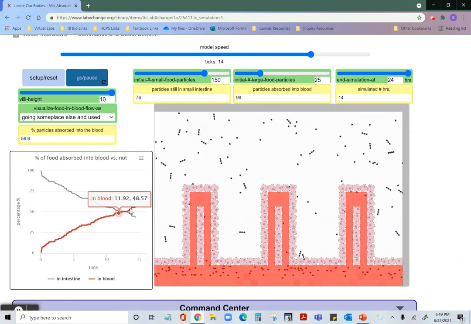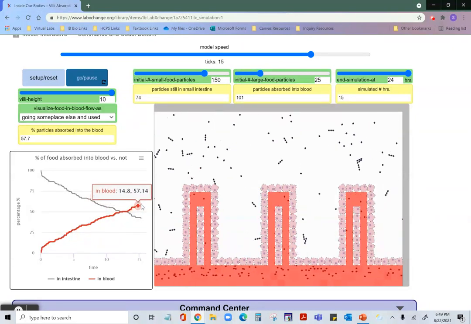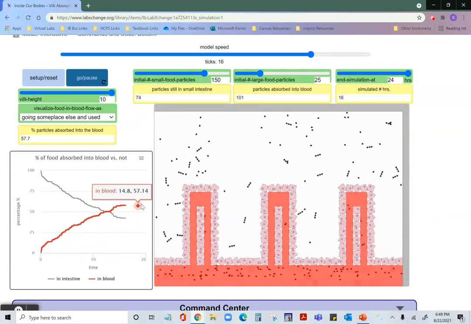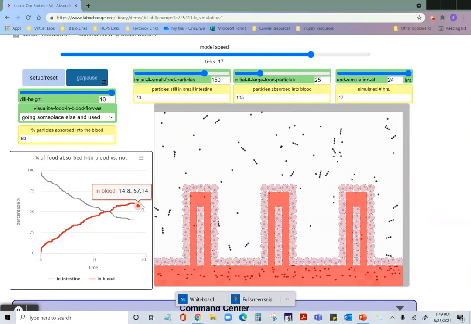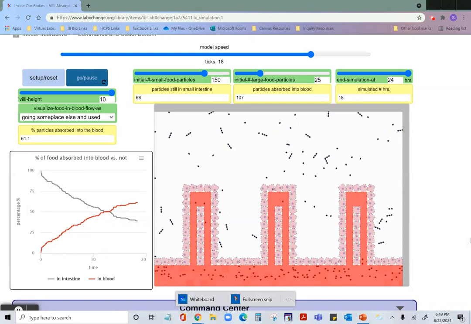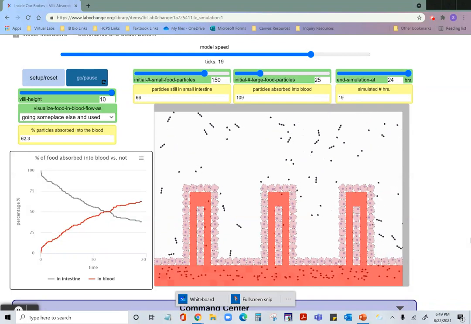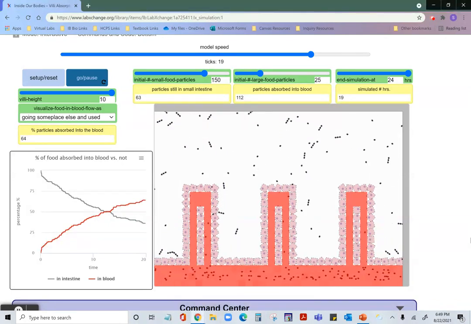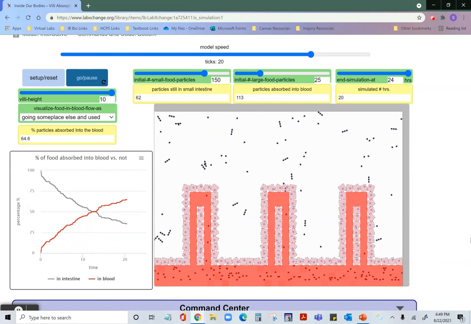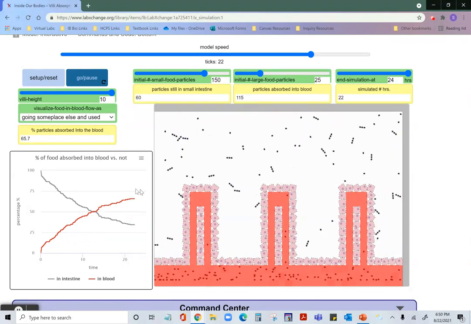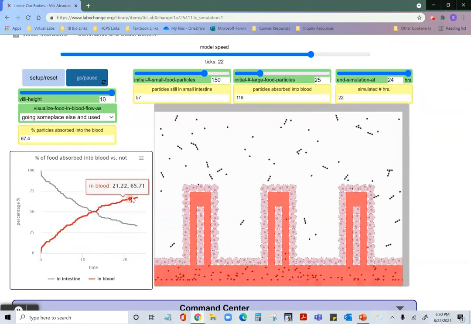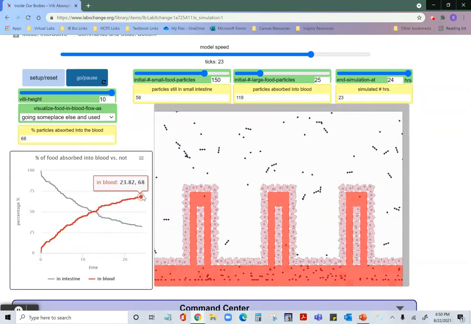Okay, good. We've got that cross. For over 20 hours, we got that nice big absorption curve. Look at that.